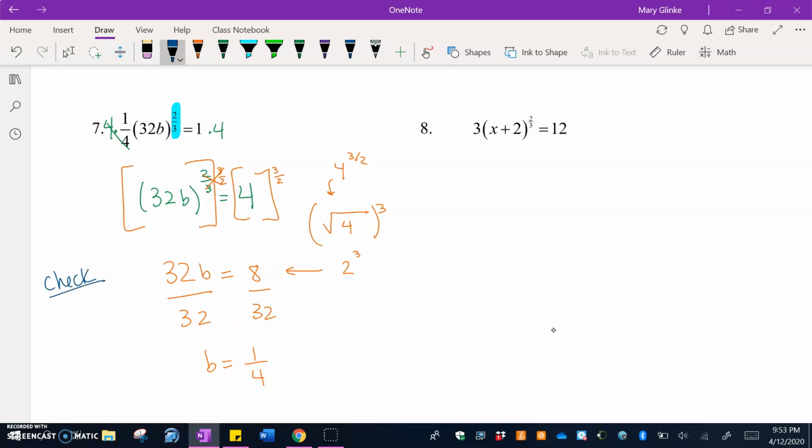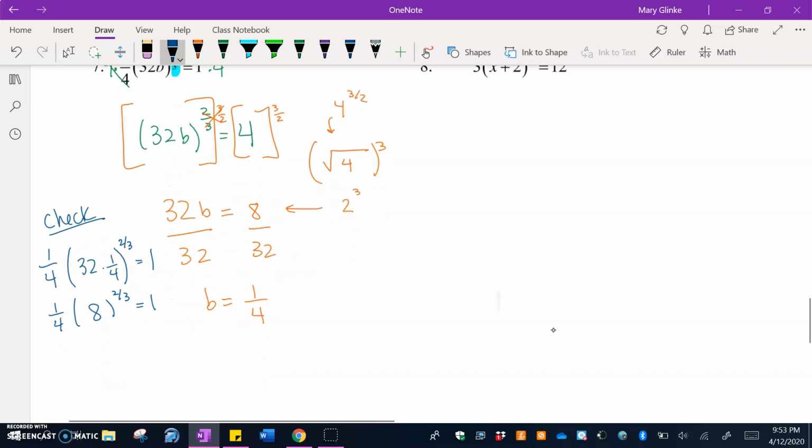Our final step in this one is to check our solution. So we're going to do 1/4 of 32 times 1/4 to the 2/3, and we're going to see if that equals 1. So as we are plugging that in, we get 1/4 of 8 to the 2/3 equals 1.